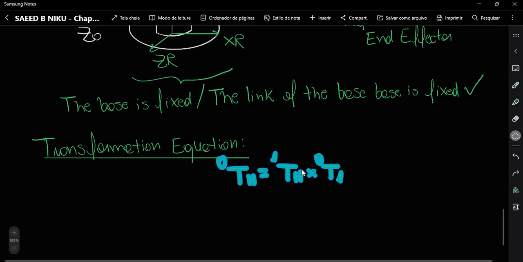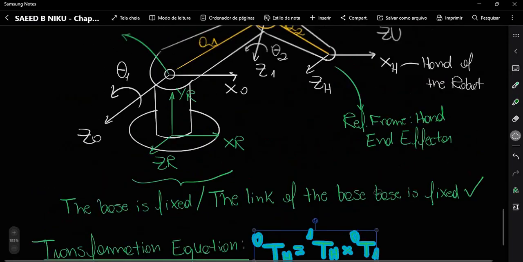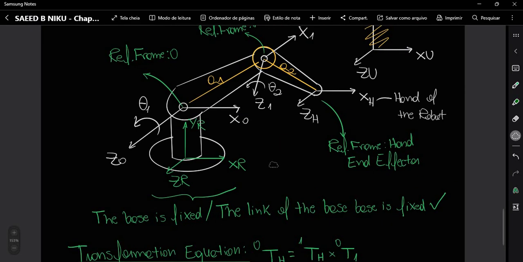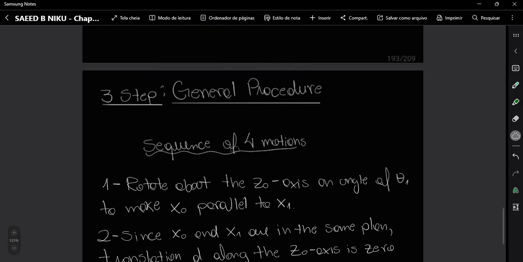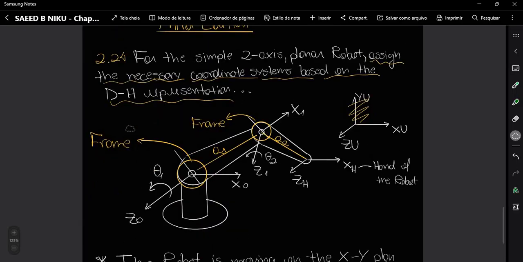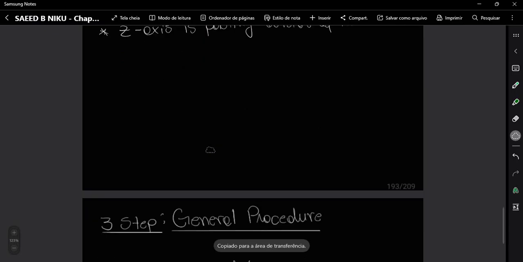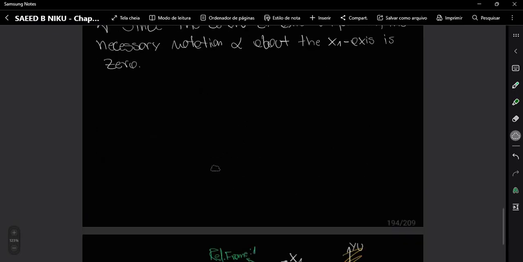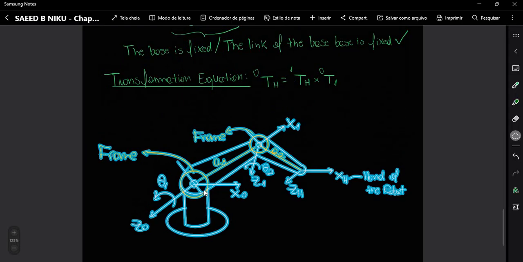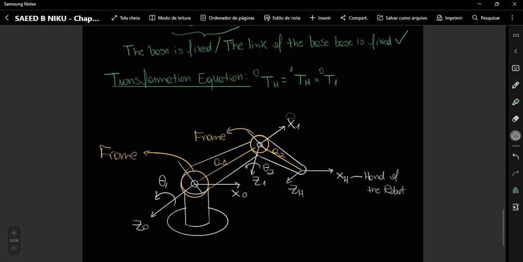Okay, now let me again copy this illustration, and we will start to apply the 4 motions.